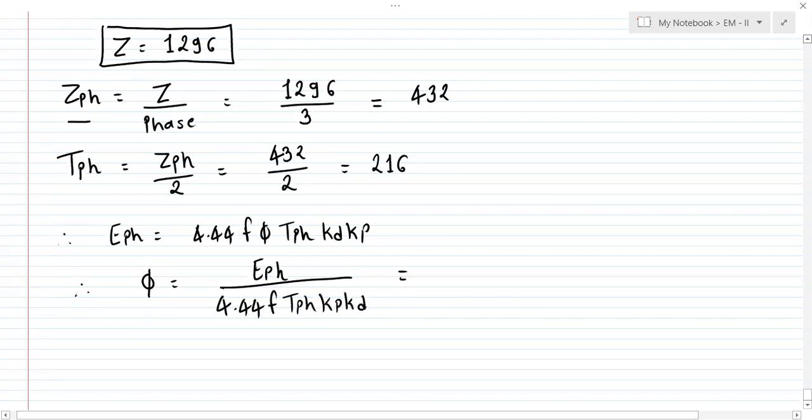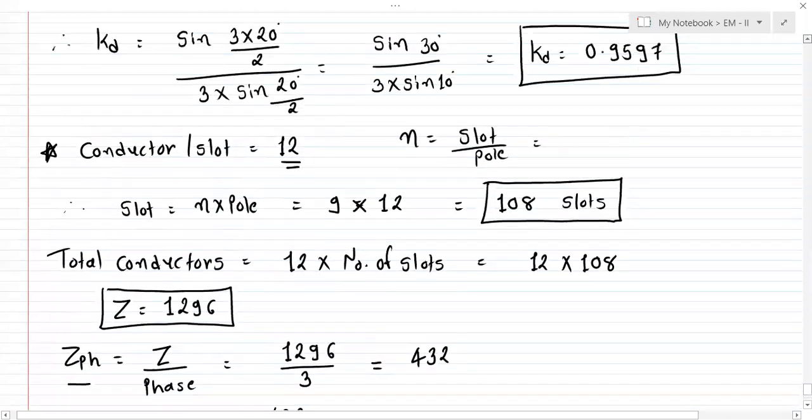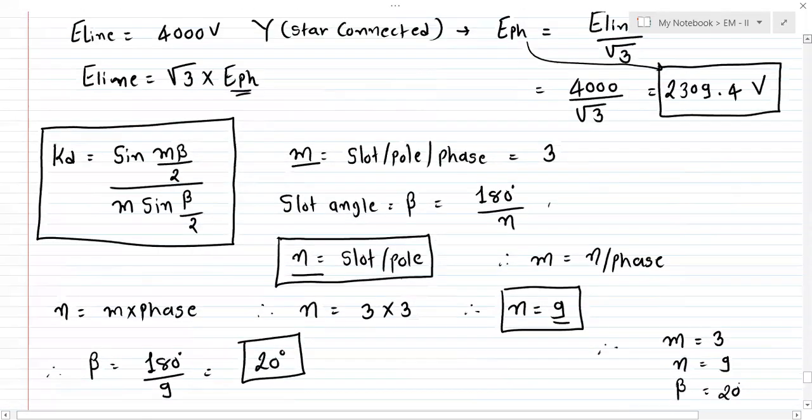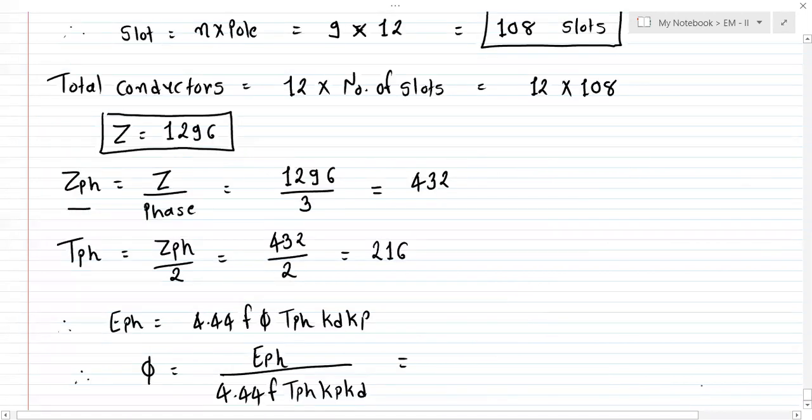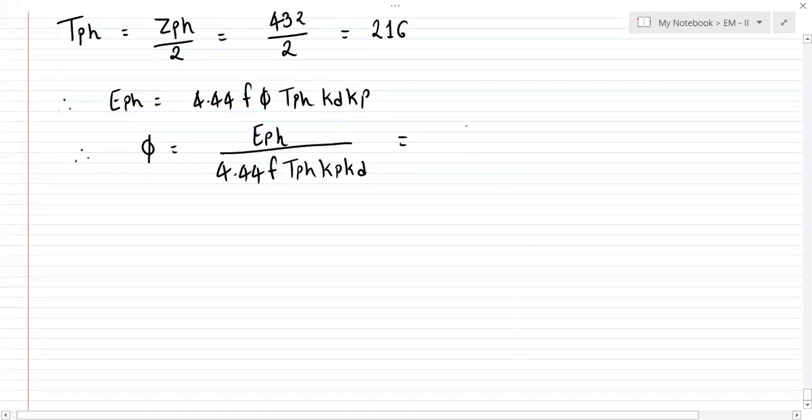So EPH, what we have found, EPH is equal to 2309.4. Sorry, not 04, it is 0.4.